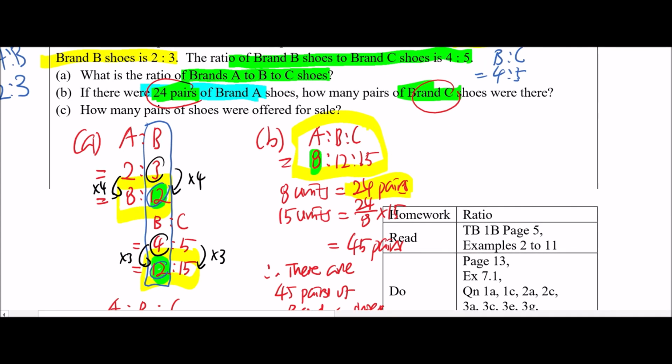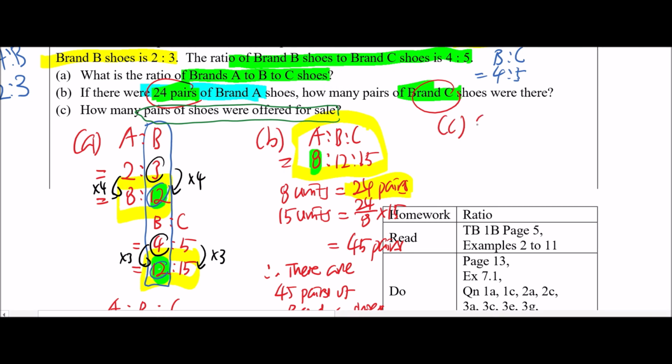Okay, so in question C, we are asked to find how many pairs of shoes were offered for sale, meaning how many pairs of shoes are there altogether. So we know the drill.